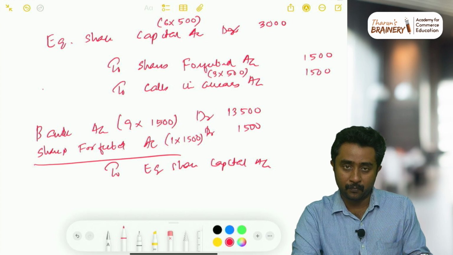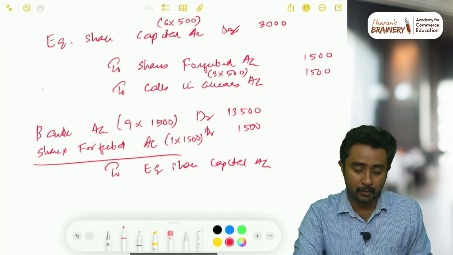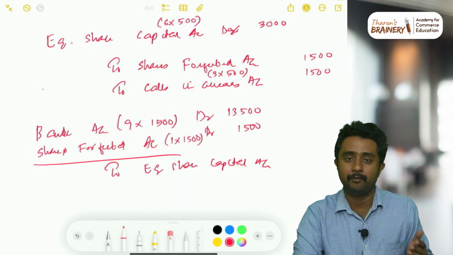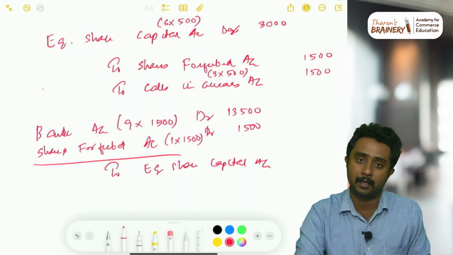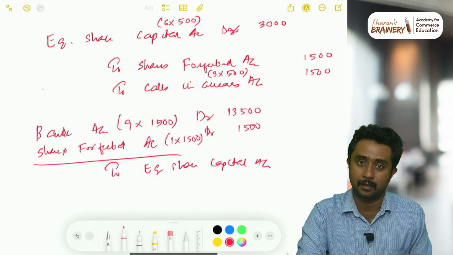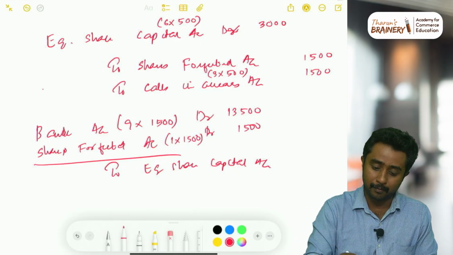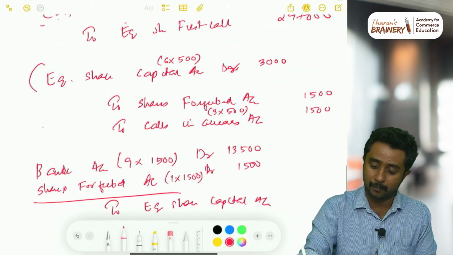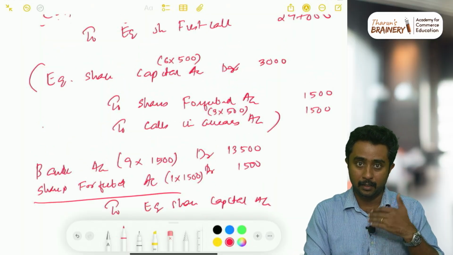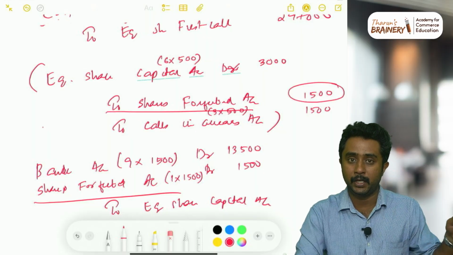So from that money, some can be used for covering the discount when we are issuing the shares again at a discount. When the shares are reissued at a discount, this share forfeited account money can be used for it. That is why I went back and mentioned this entry, mainly because I need to show you this share forfeited account, how much we have already received from each person.